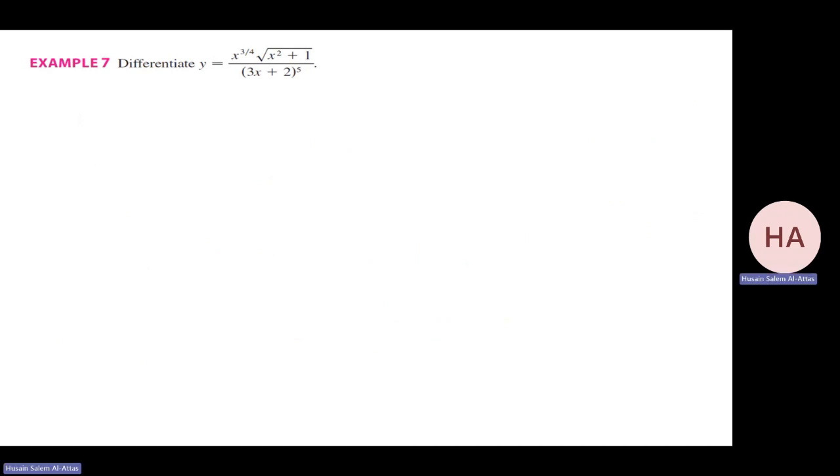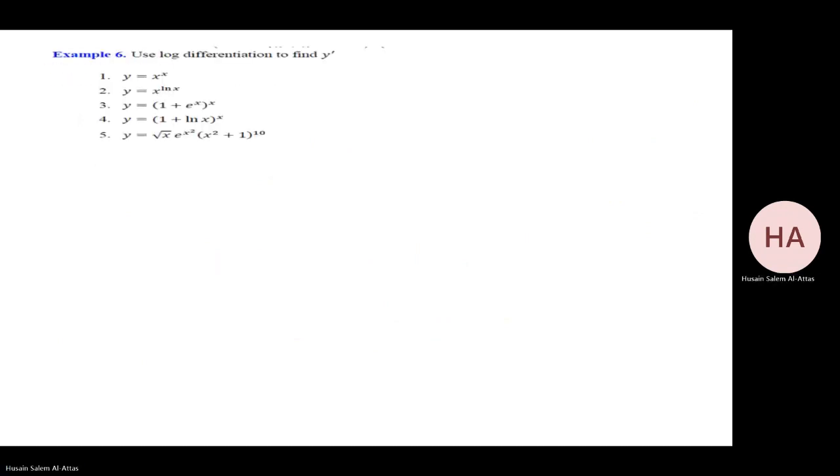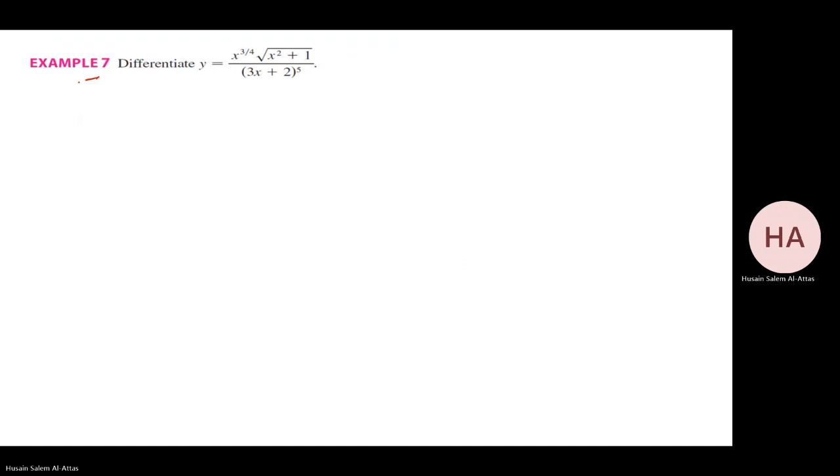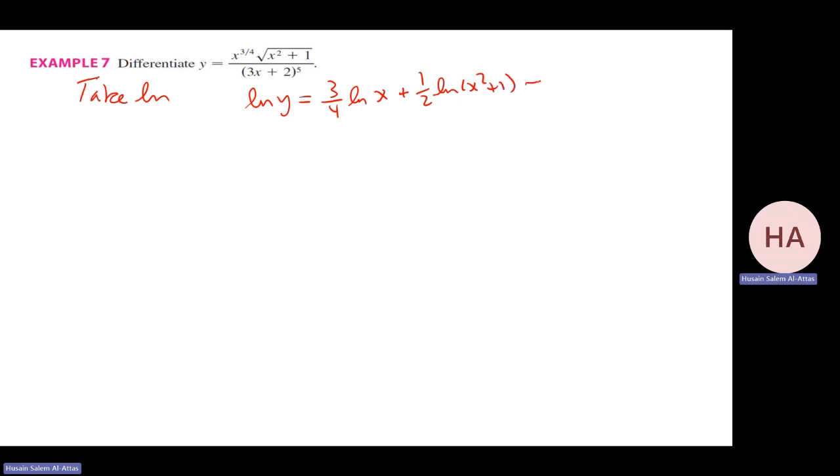Differentiate this, the same idea. What I will do, take ln. I have ln y equals 3 over 4 ln x plus half ln(x squared plus 1) minus 5 ln(3x plus 2).